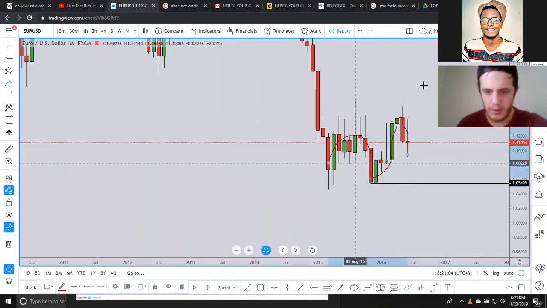So someone would see this as a head and shoulders pattern. Have you heard about that head and shoulders pattern? I've seen there's head and shoulders, there's wedges, all sorts of patterns.